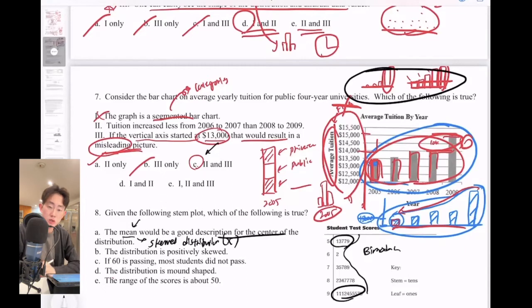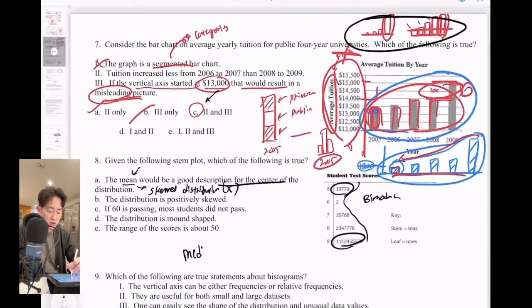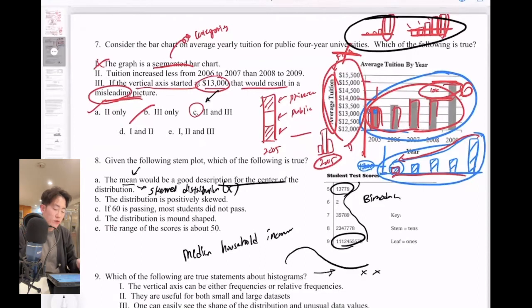You do not want to use the mean because if it's a skewed distribution, to represent the average salary in the United States, like how much a person makes, we call it the median household income, not the mean household income. It's only because of these billionaires and millionaires, which we would call outliers. If we have these outliers on the end, the average will always get pushed towards that side.